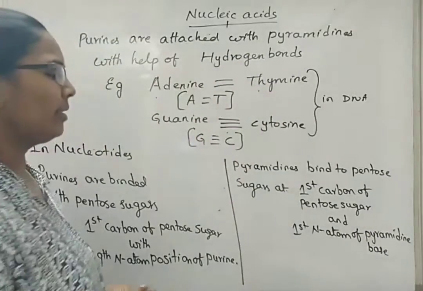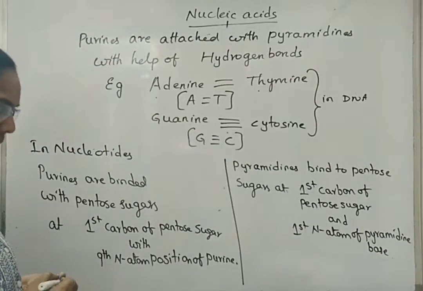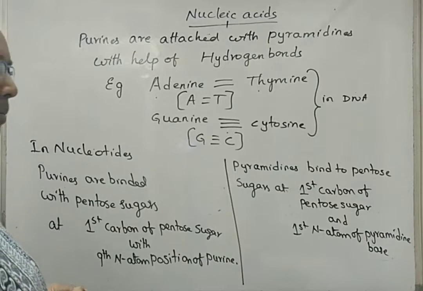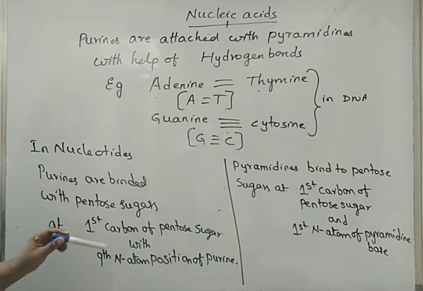That can be either thymine or cytosine or uracil, whatever it can be. So this is how purines and pyrimidines are binded.